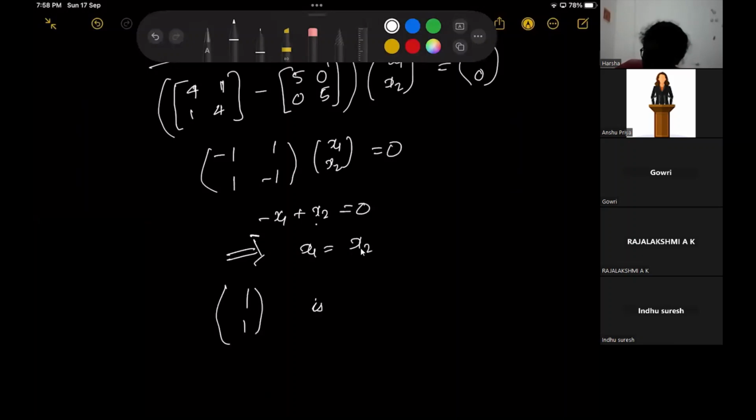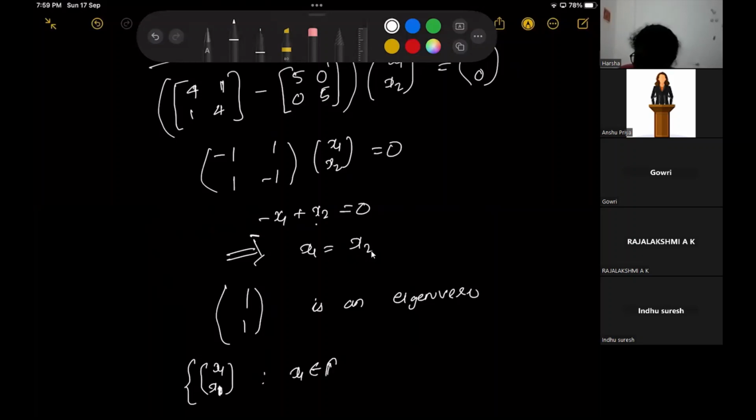So what we can say is, the set of all (x1, x1) such that x1 is in R is the eigenspace corresponding to lambda equal to 5.